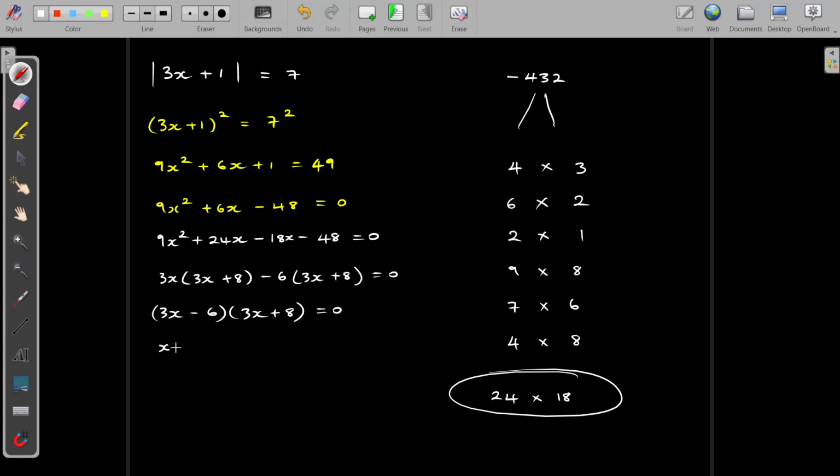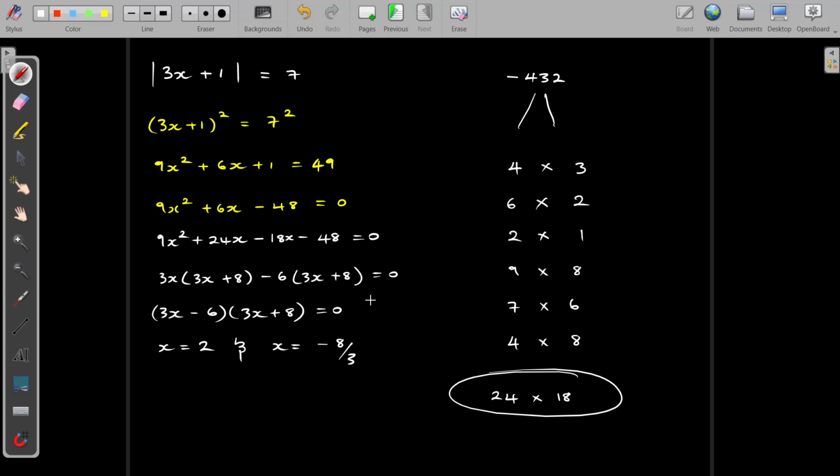So that means x is equal to 2 and x is equal to -8/3. So those would be the two solutions of x that satisfies this modulus inequality. Good? Yes, sir.